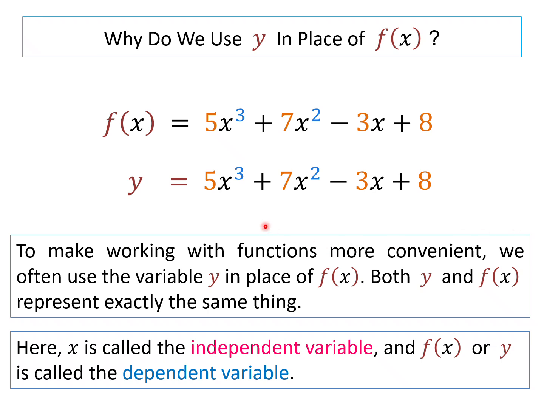Here x can assume different values independently. So x is called the independent variable. And for each value of x, after computation of this expression, the result obtained is assigned to y. That value is the value of y. So the value of y depends on the different values of x.